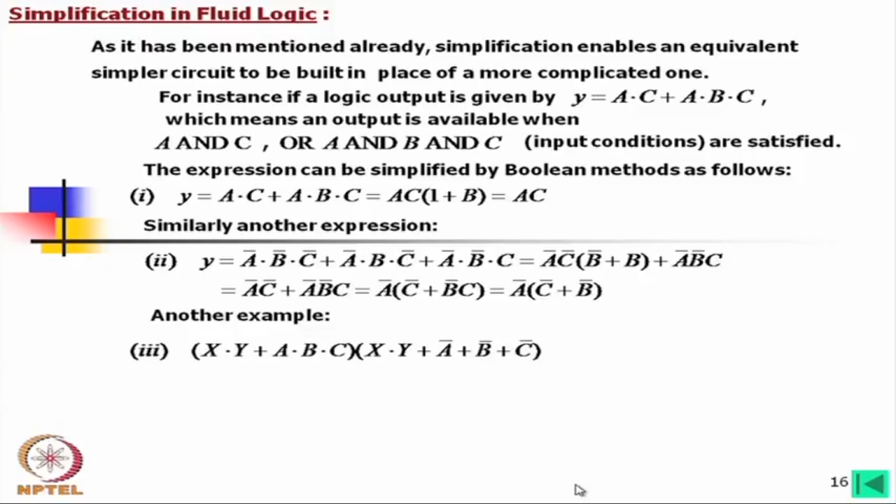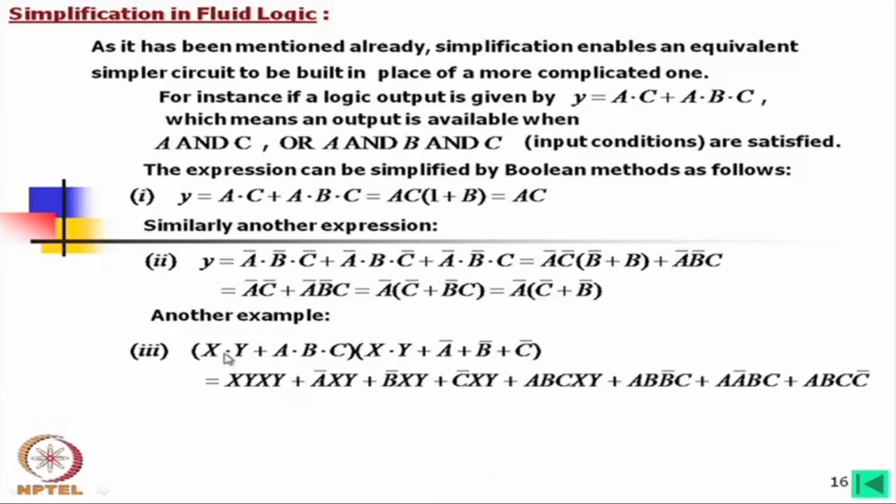Another example is X dot Y plus A dot B dot C into X Y plus A bar plus B bar plus C bar. Okay. Now, first you follow the ordinary algebra. As I told you, you can write X Y plus ABC and X Y plus A bar plus B bar plus C bar, it does not matter, but remember these three items are separate items, ABC is not a single item, there are three items.